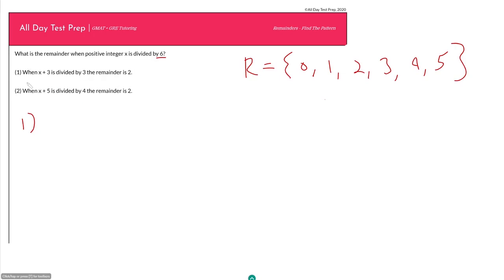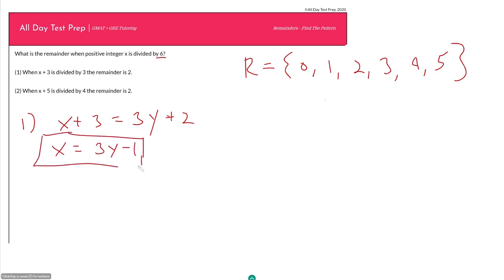And so here they're saying not x, but x plus 3 is equal to 3, and we'll say our quotient, we'll just say y. So 3y plus 2, which means x, because ultimately we just care about x, should be equal to 3y minus 1. So if we wanted to generate a bunch of values for x, we should be able to do that here.